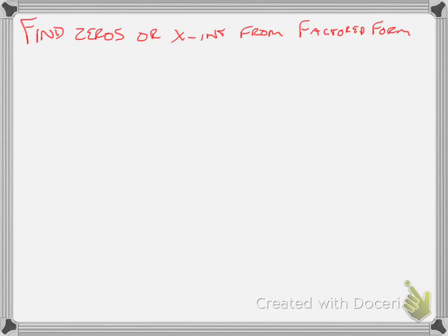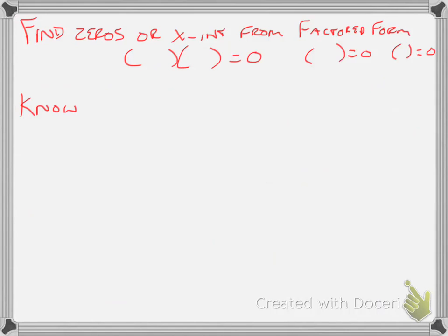Remember to know how to find the zeros or x-intercepts from the factored form. Set each parentheses equal to 0. And then solve. You need to know how to factor.